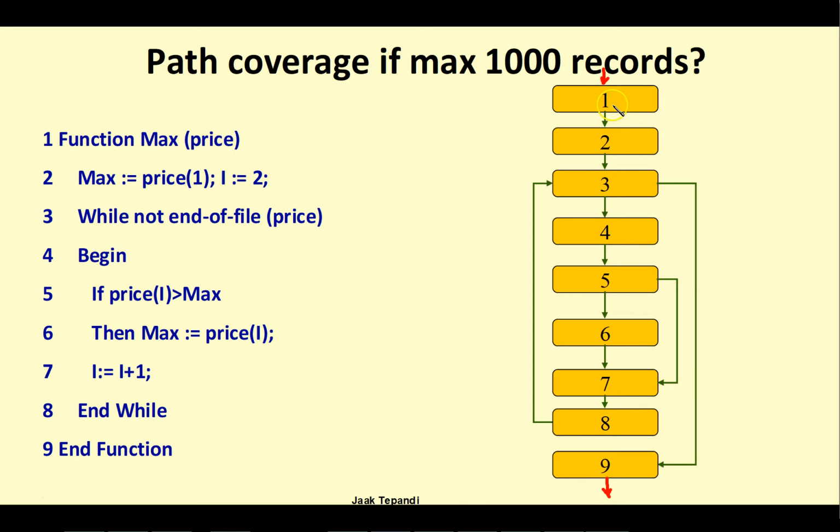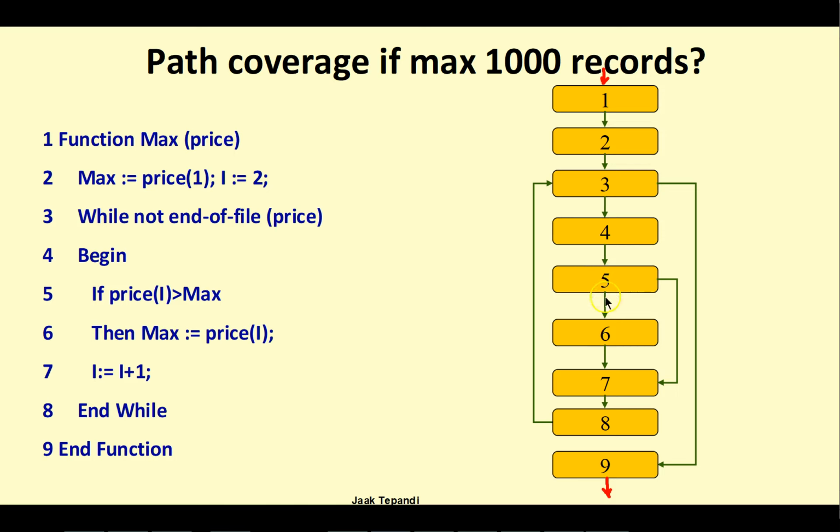So, for example, a path may start from 1, 2, 3 and then directly proceed to 9. Please think about when this path can be executed.